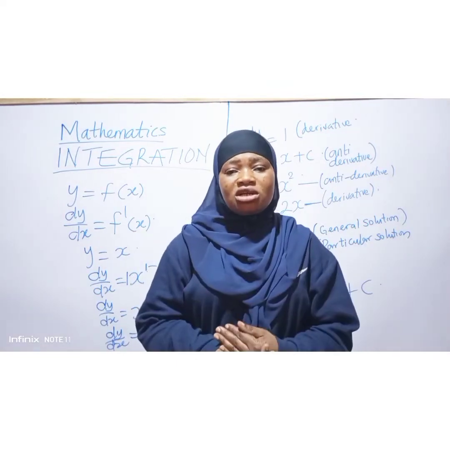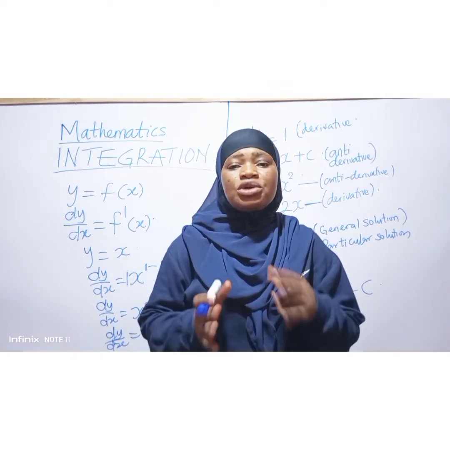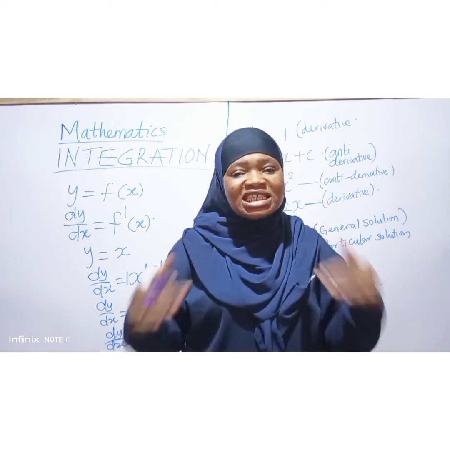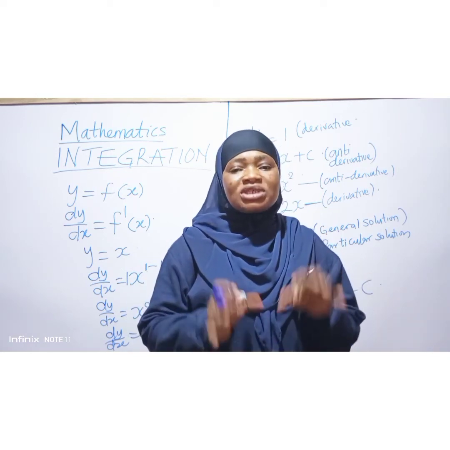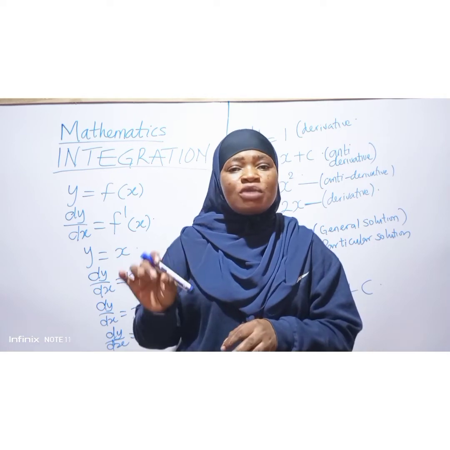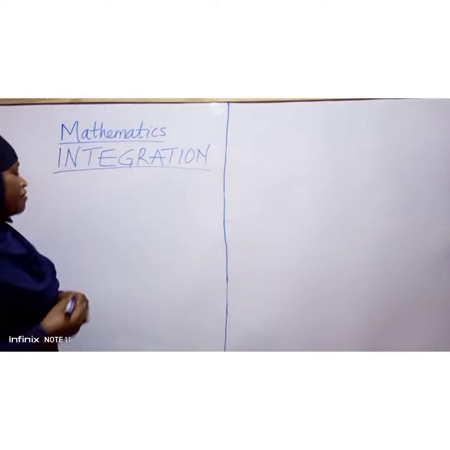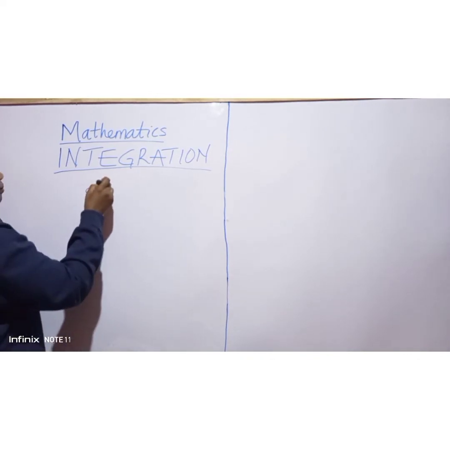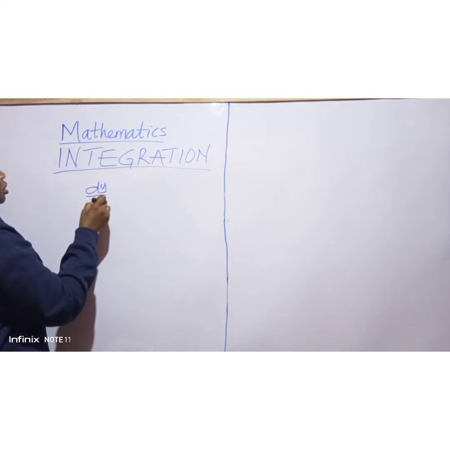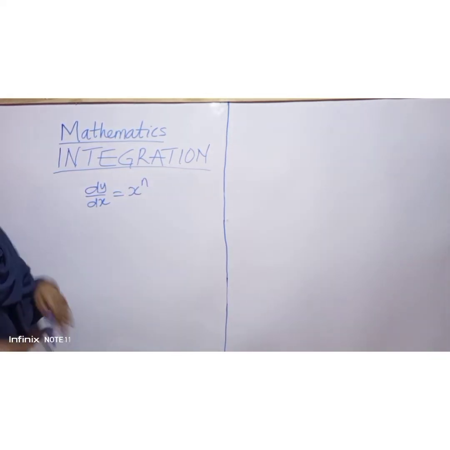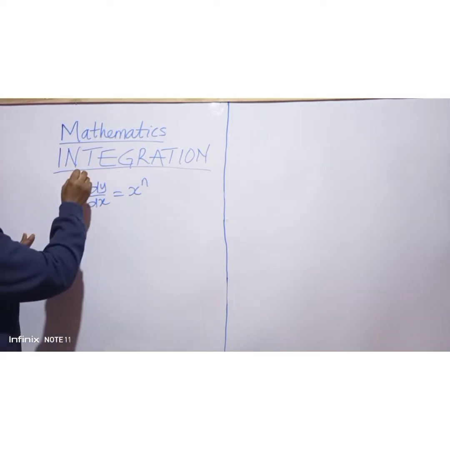So in a nutshell, I can say that the process of going from derivative to antiderivative is known as integration. So the process of integration is the reverse of the process of differentiation. You have to know that. So if I have dy/dx equal to x raised to power n, the process of integration has one sign, which is like this.